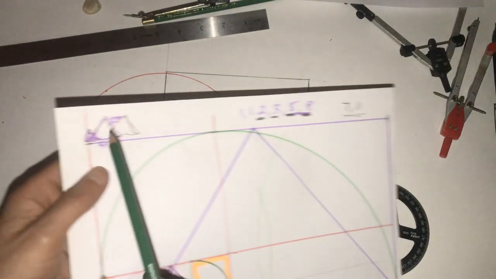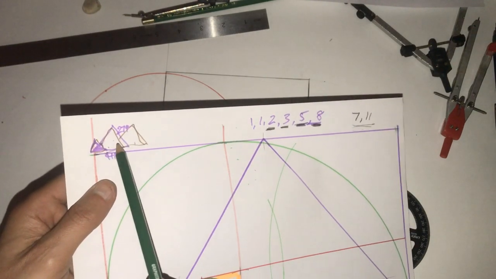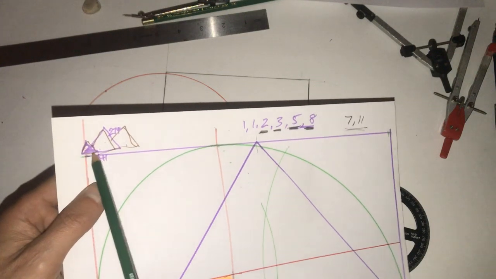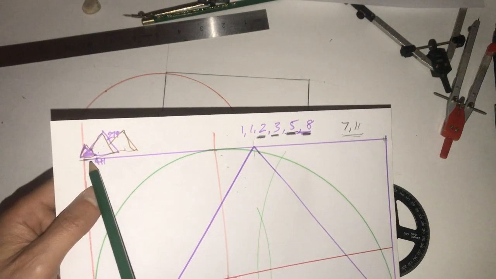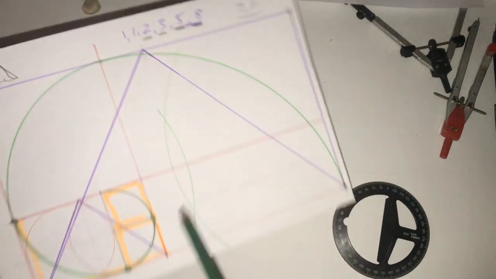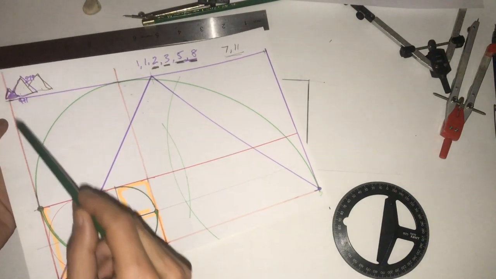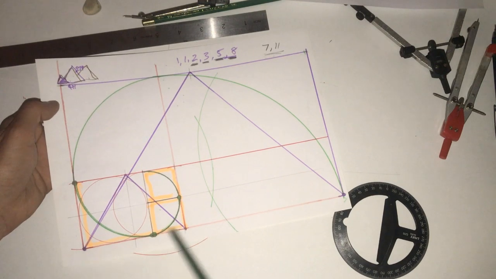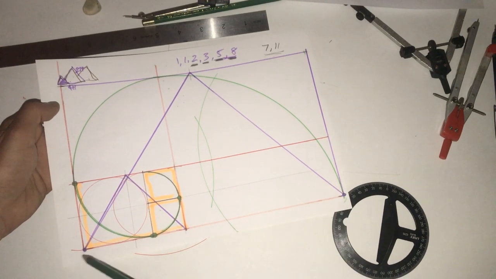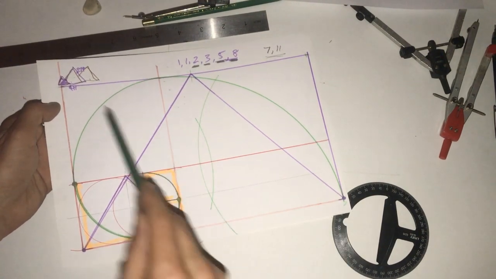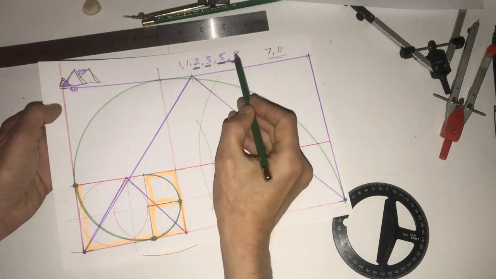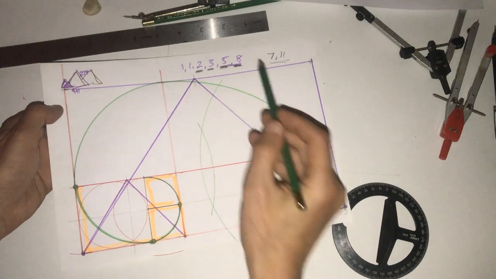I'll put an illustration here, but we have the three Giza pyramids: Menkaure, Khafre, and Khufu, or the Great Pyramid. The Menkaure, the smallest of the three, is 125 Egyptian raw cubits high, 200 Egyptian raw cubits wide. That's this triangle here, the smallest of the three, which is 8 wide by 5 high.